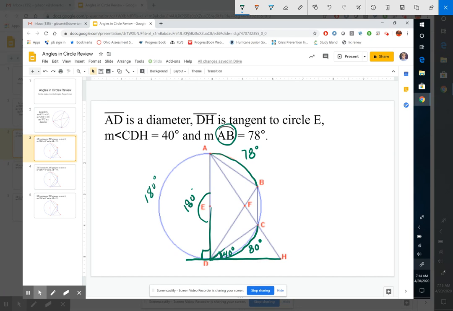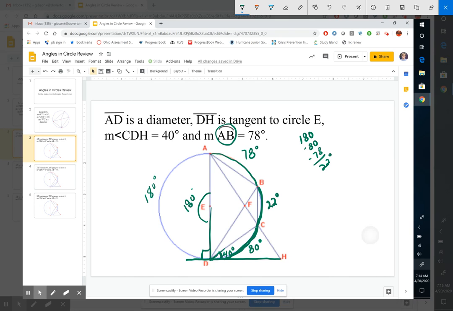It's on the circle, so you double it to get the arc that's inside the angle, okay? Which completes this side of the circle. So if this is 80 and that's 78, we know the total is 180. So if we subtract 80 and we subtract 78, I think we should be at 22 degrees right there.